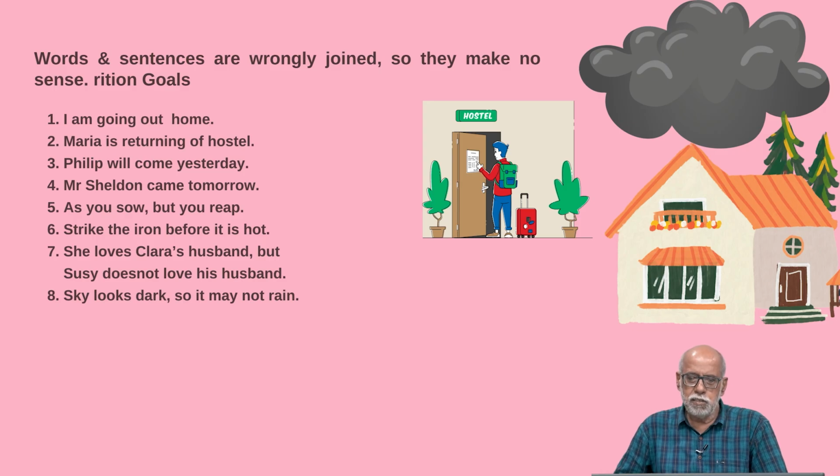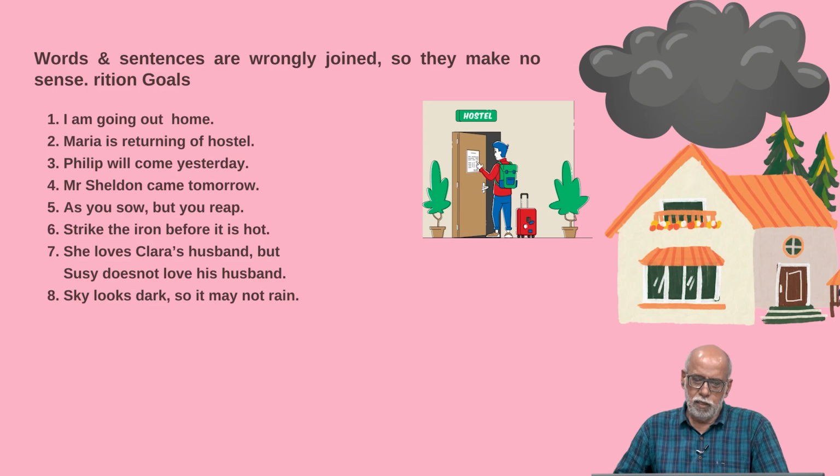Similarly, Maria is returning off hostel. There can be wrong combination of time and tense marker. Say for example, if you say Mr. Sheldon came tomorrow, then he can come tomorrow. He came yesterday. Came can happen only in the past tense.